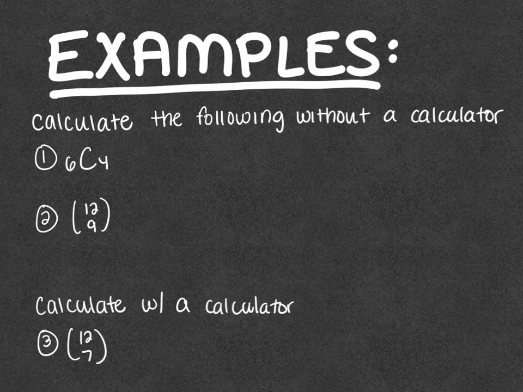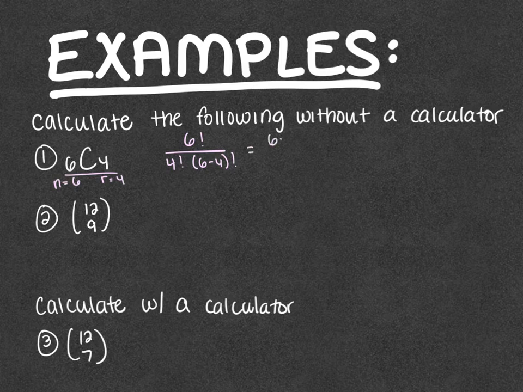For this one, we have 6 choose 4. So my n is going to be 6, and my r will be 4. For this formula, we're going to have 6 factorial over 4 factorial times 6 minus 4 factorial.